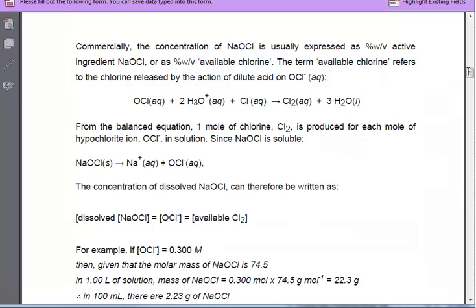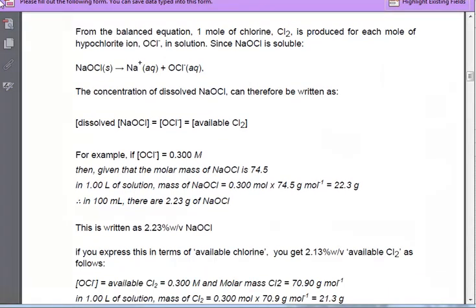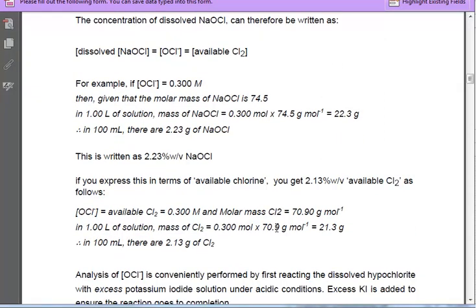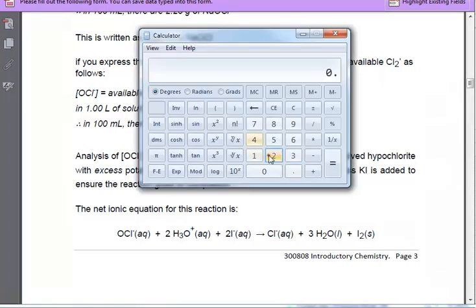The number of moles of hypochlorite is equal to the number of moles of chlorine. The extra chloride comes out the water. Okay, so it's written here, dissolved hypochlorite is equal to the available chlorine. So we've got a concentration of 0.2918, and instead of multiplying by the molar mass of hypochlorite, we'll multiply by the molar mass of chlorine, which is 70.9.